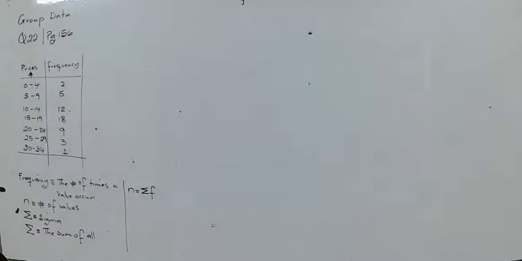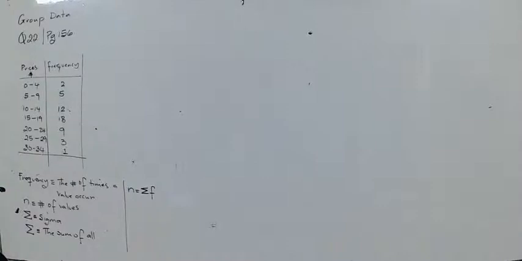Now, we're doing statistics, and statistics is the study and analysis of large quantities of data. Once you're doing statistics, you're dealing with values. One piece of data could be called a value.